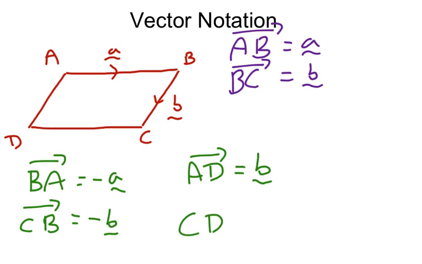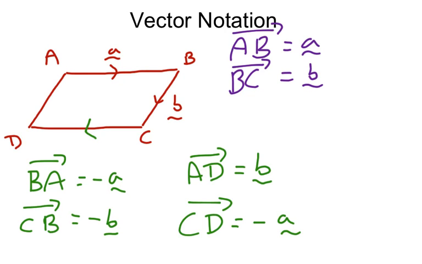Finally, we might be asked for CD, the vector CD. Again, there is no letter, but as it's a parallelogram, CD is parallel to AB, but in the opposite direction. So CD is equal to minus a, because it's parallel to AB, has the same magnitude, but the arrow CD is in the opposite direction to AB.